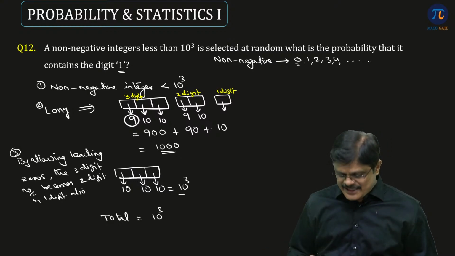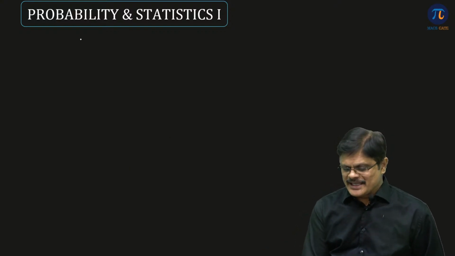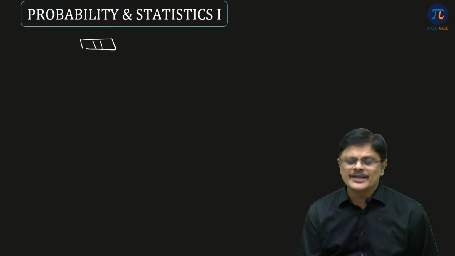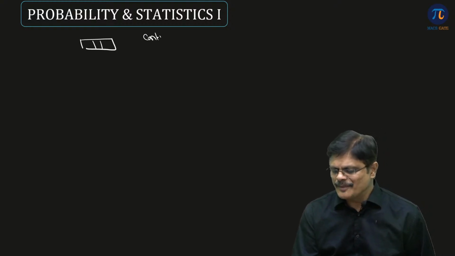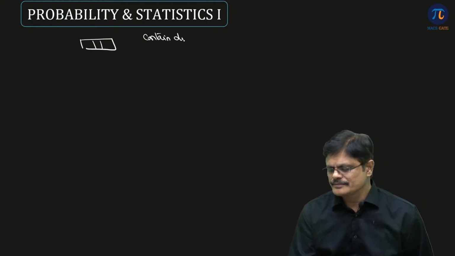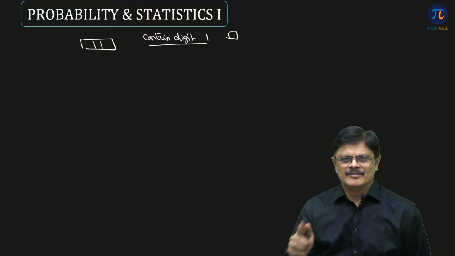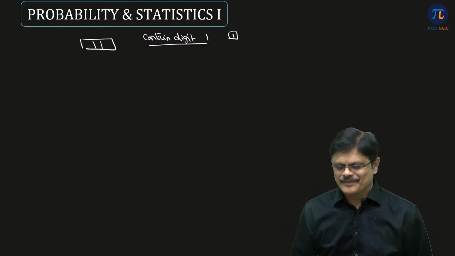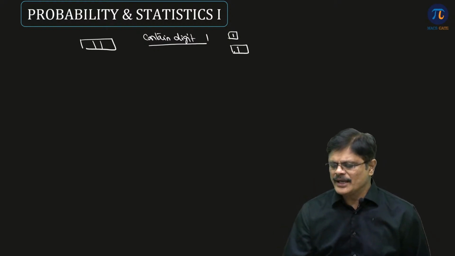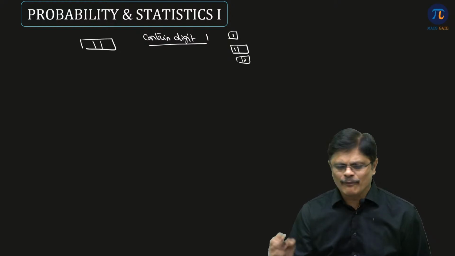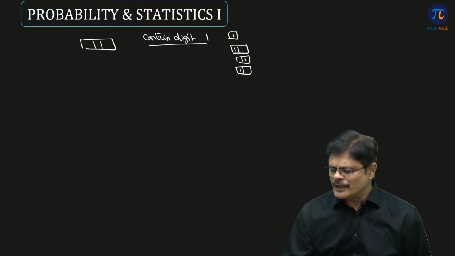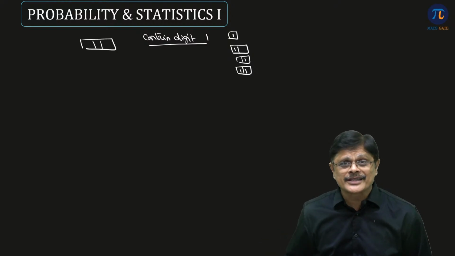See, it contains the digit 1 means there is a problem here. Contain digit 1 means what? Suppose it is a one-digit number, it contains the digit one time. Suppose it is a two-digit number, it may contain 1 one time, or it may contain 1 two times also. So you need to consider all the cases.